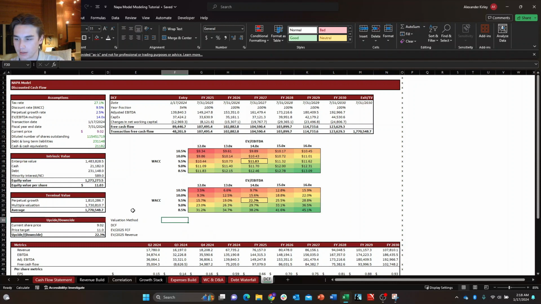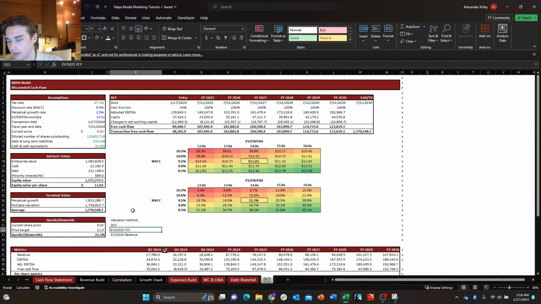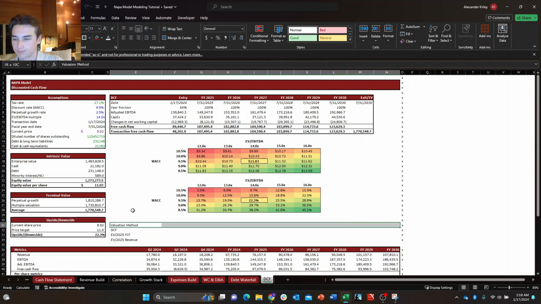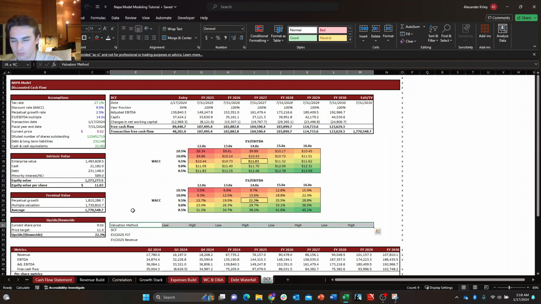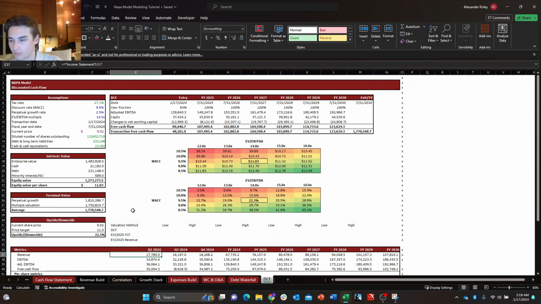So right here, let me see. Actually, if I insert one row here, unfortunately. Yep, okay.